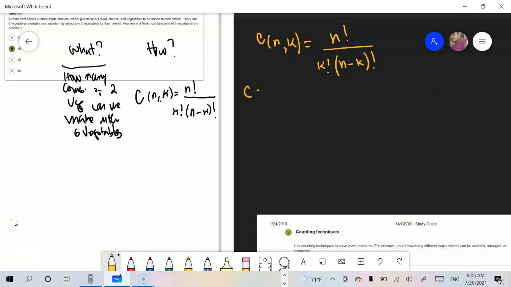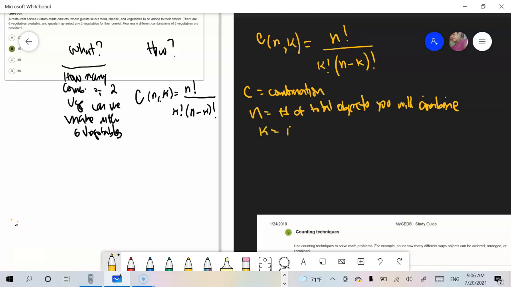So now you know that C is a combination, okay? N is the total number of objects you will combine, and k is the number of objects that you will combine at a time.